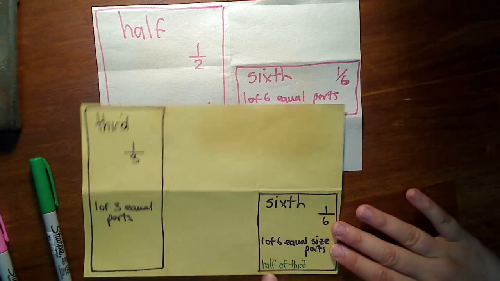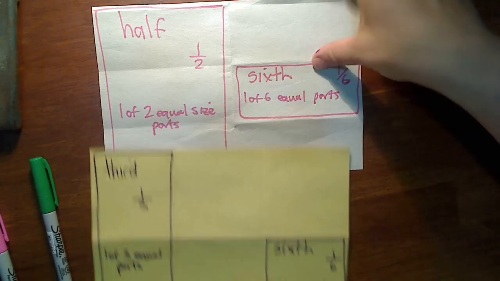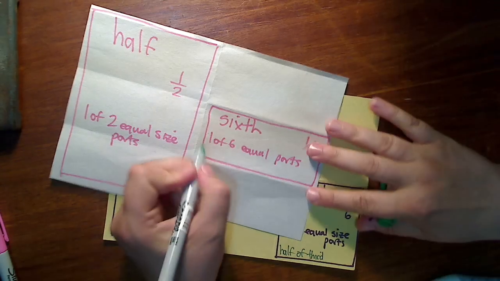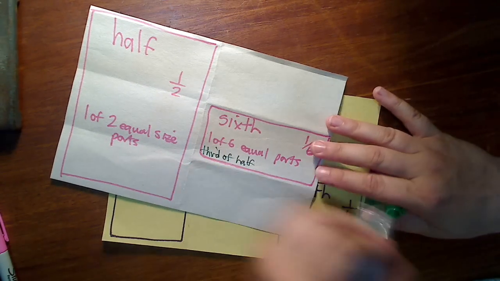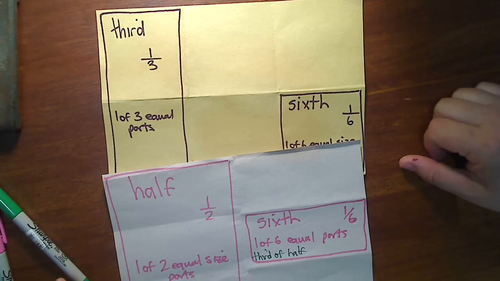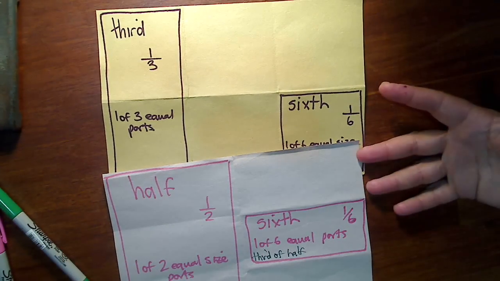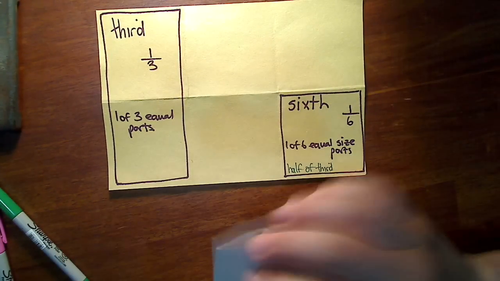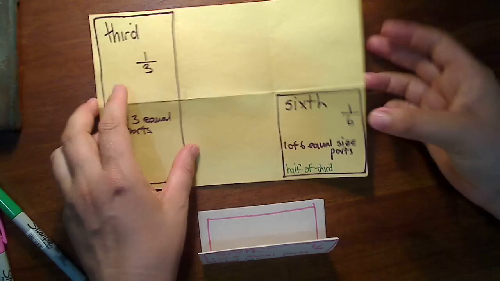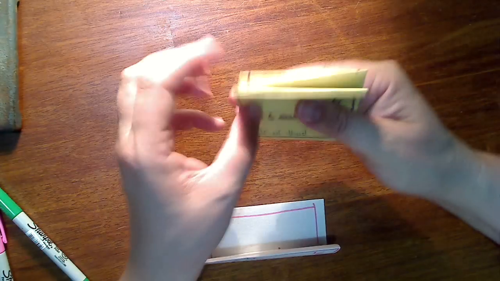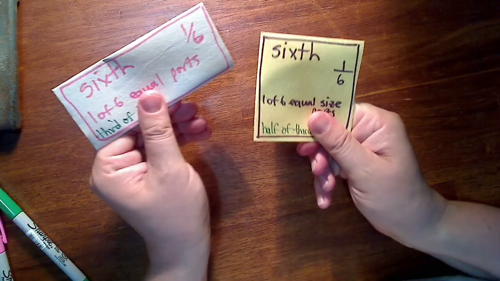It can be a half of a third, or it can be a third of the half. So it doesn't matter which way you start or which one you do first, you can still end up with a sixth. Now, depending on how you folded it, of course, you may have ended up, like I have, with 6 that are different shapes.